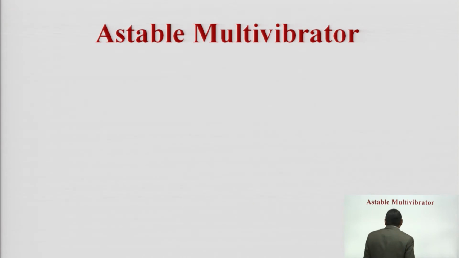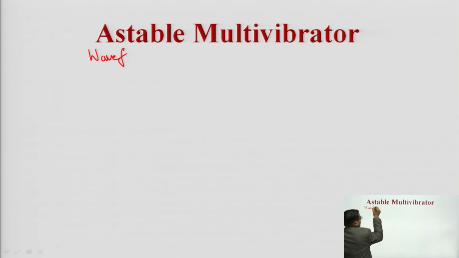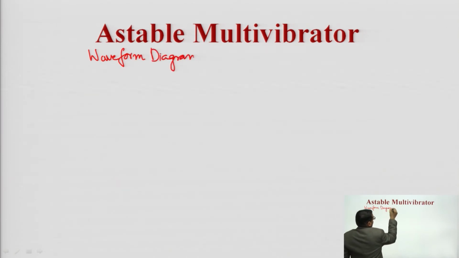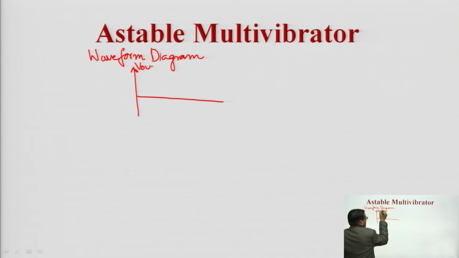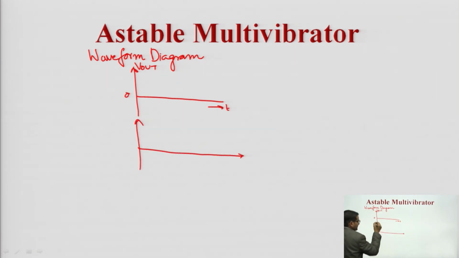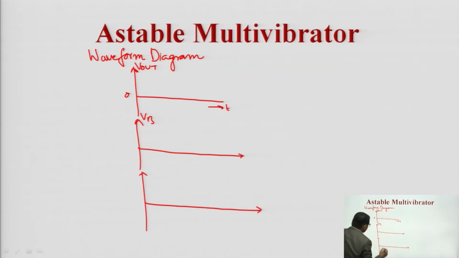If you combine this into a waveform diagram, this is the Vout(t), this is the Vb, and this is the Vct.